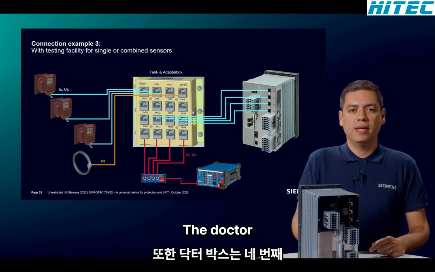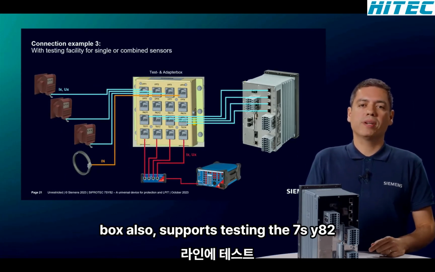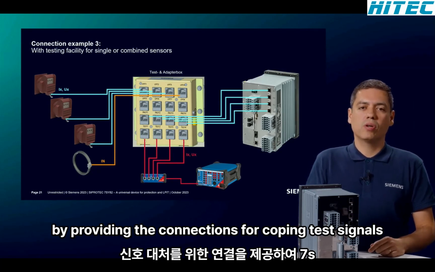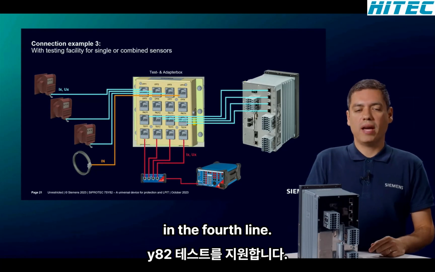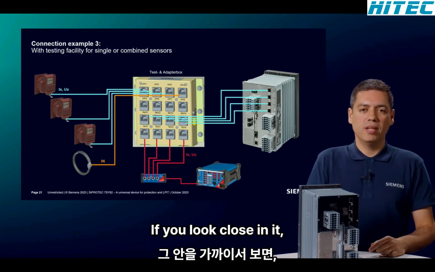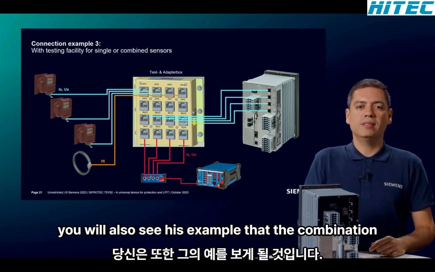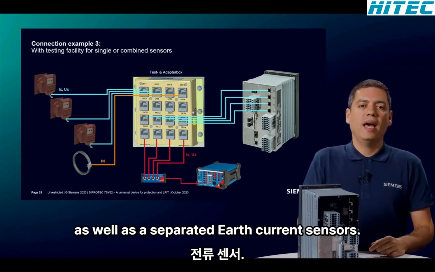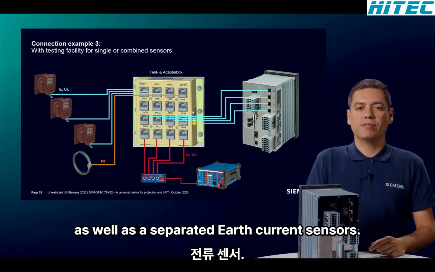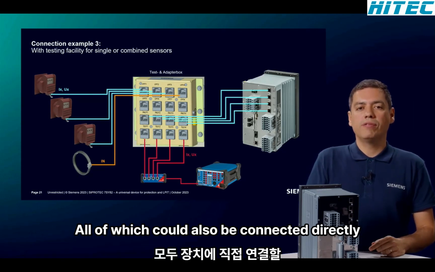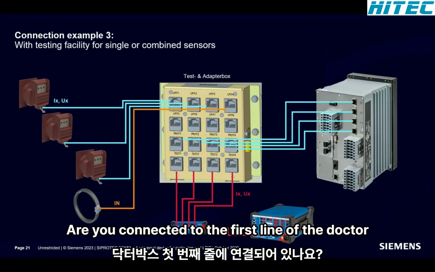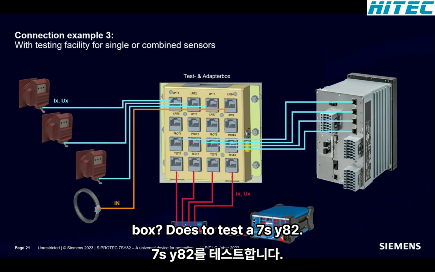In addition, the adapter box also supports testing the 7SY82 by providing the connections for coupling test signals in the 4th line. If you look closely, you will also see in this example that the combination transformers of the 3 phases, as well as the separate earth current sensors, all of which could also be connected directly to the device, are connected to the first line of the adapter box.